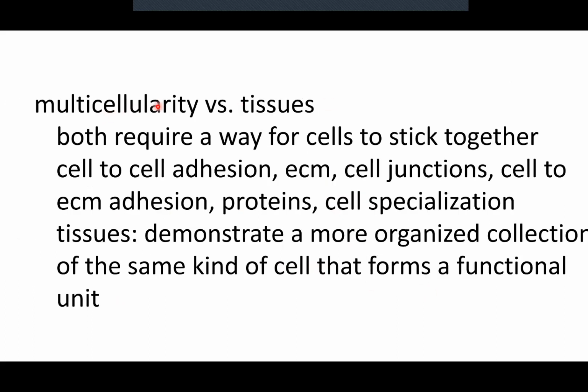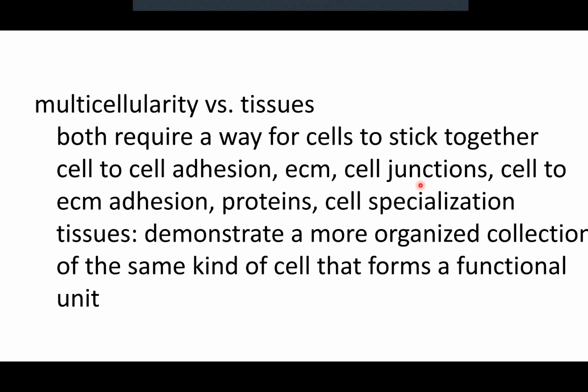So talking about multicellularity versus tissues, like I said, they need a way to stick together. So here are the kinds of problems that both multicellular structures and tissues need to solve. Cell-to-cell adhesion, they have to have a way to stick. They have an extracellular matrix to support the structure of the cells.